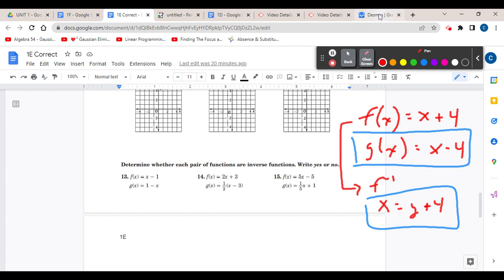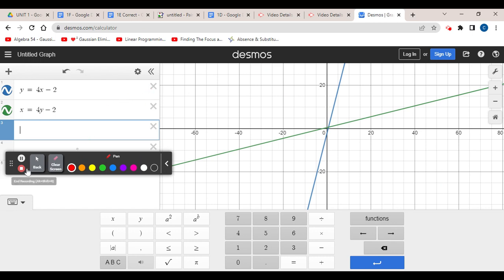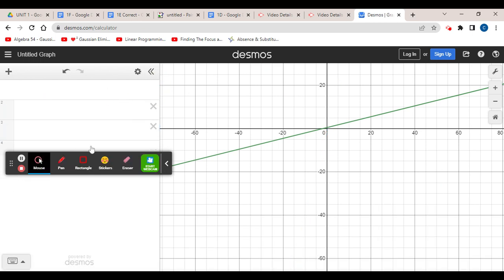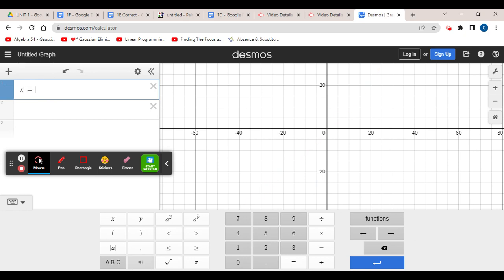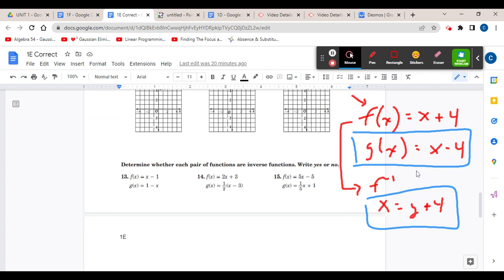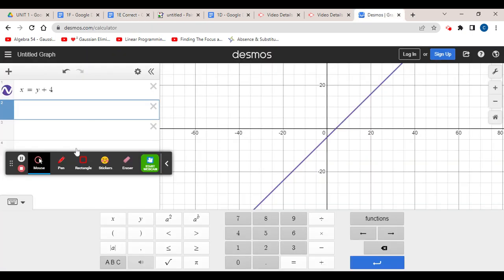We don't need to worry about f of x right now; let's just look at our inverse, x equals y plus 4. There's our graph, that's our actual inverse. Our g of x is x minus 4, so we can see if y equals x minus 4, and they're on top of each other. So we know that these two functions are inverses of each other.